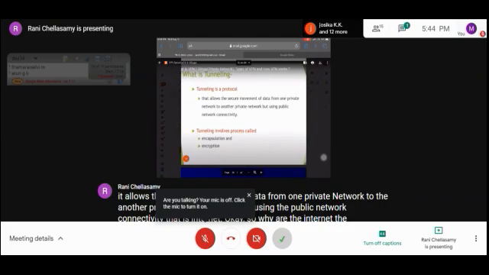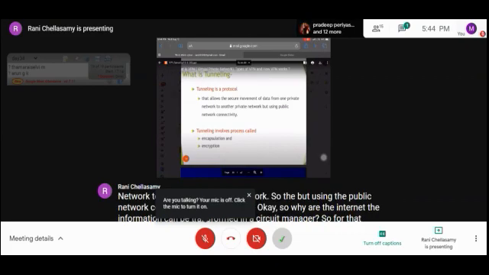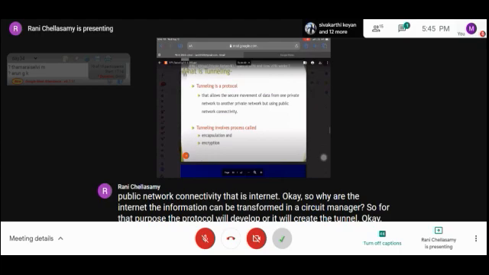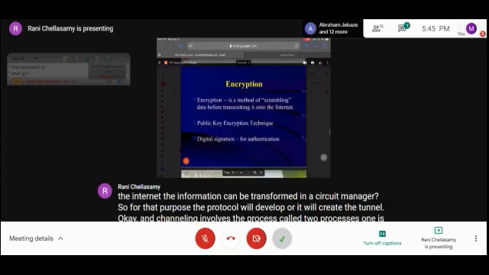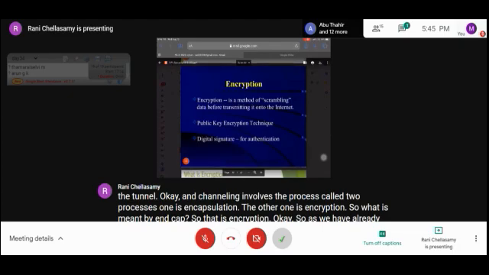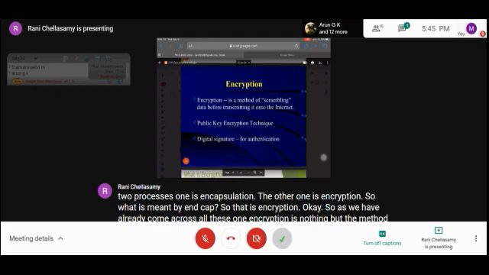Okay, and tunneling involves two processes. One is encapsulation, the other one is encryption. So what is meant by encryption? As we have already come across, encryption is nothing but the method of scrambling data. Scrambling is making the data unintelligible to unknown users before transmitting via the internet.